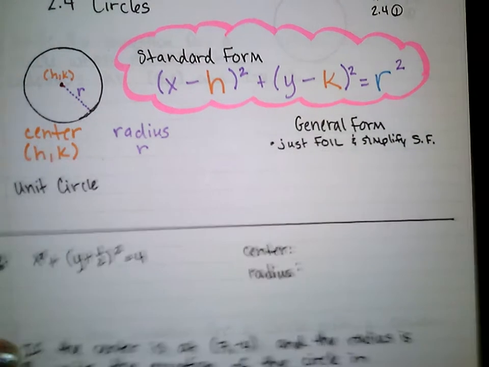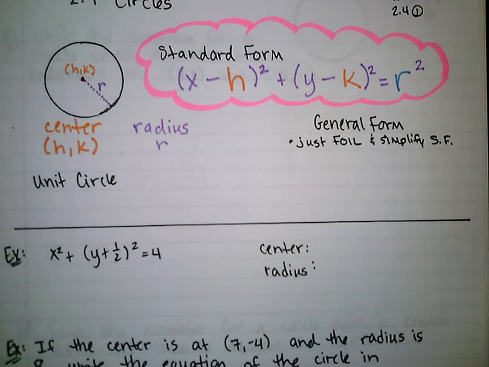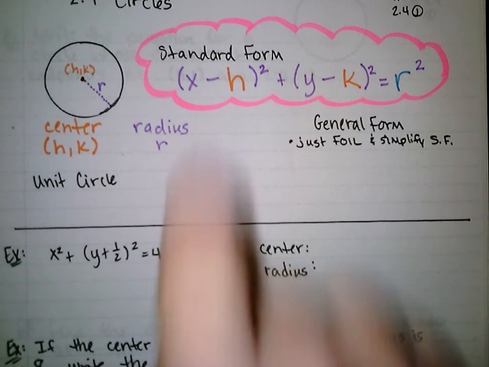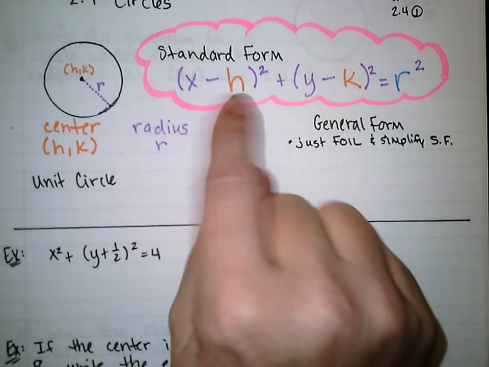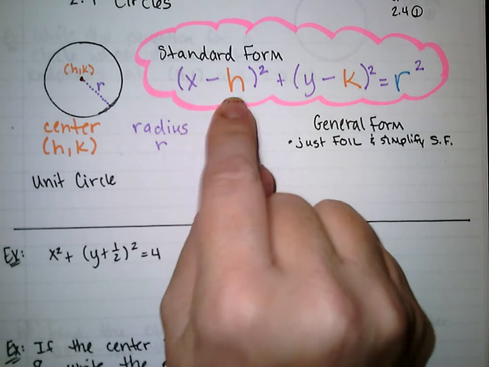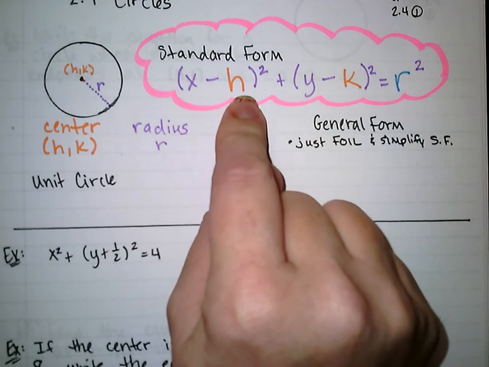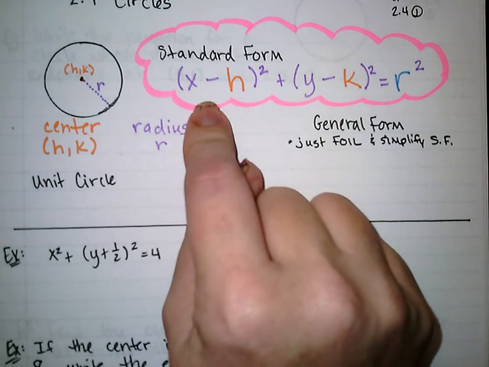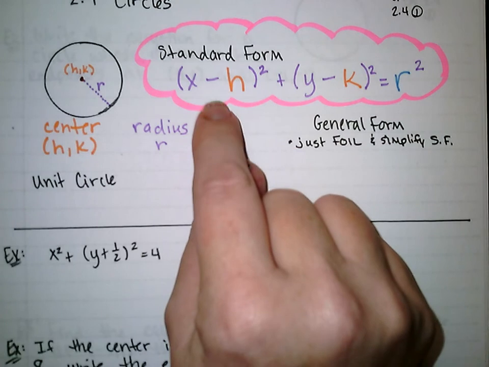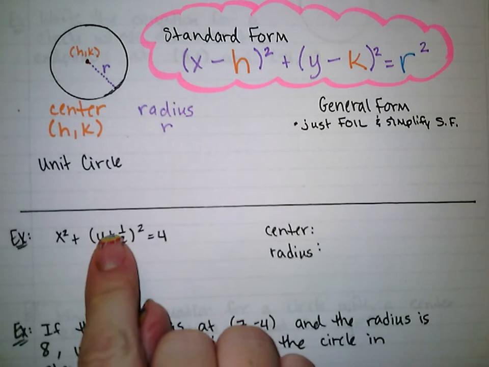Okay. Standard form. So if you remember from transformations, when we were shifting left and right, that was inside the parenthesis with the x. Remember that if we subtracted, it was shifting right. If we added, it was shifting left. That's going to do kind of the same thing here.